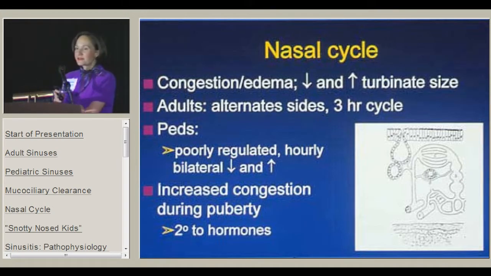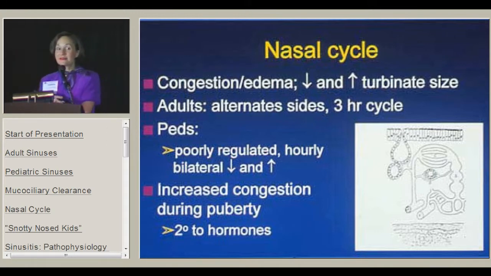And over here, a comment just on things when you look in these kids' noses, sometimes their turbinates and the tissues in the nose seem very congested, and other times they may not, even in the same patient, even on the same day. And that's because there is actually cycling of the congestion in the nose. In adults, it's very regular, right to left, and each side sort of goes up and down.